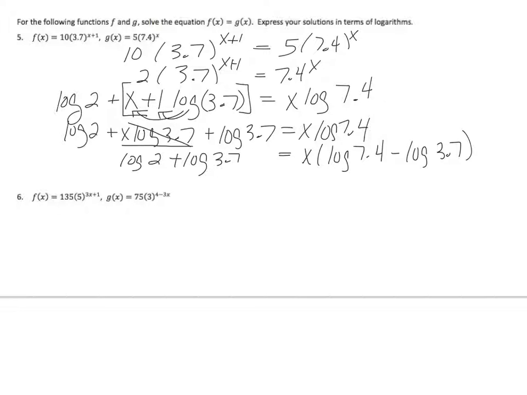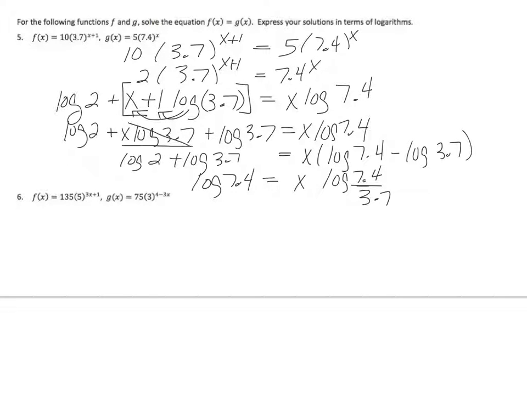Cool? 2 times 3.7 is 7.4. Let's double check that. So this is actually log of 7.4 equals x, and I can simplify this to log of 7.4 divided by 3.7.